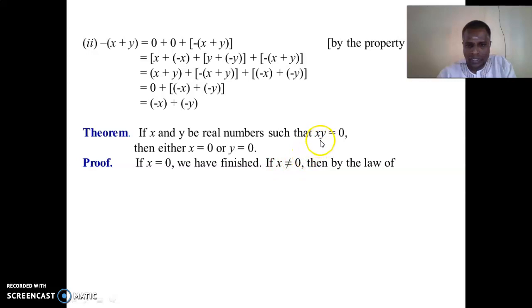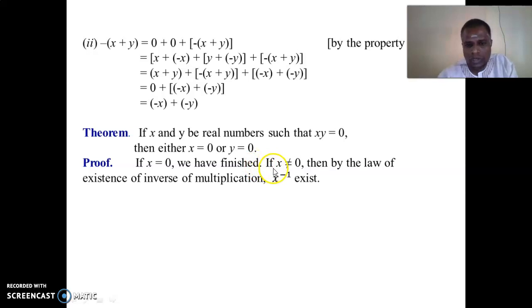We approach this result in two ways. First, if x equals 0, there is nothing to prove. We have finished.